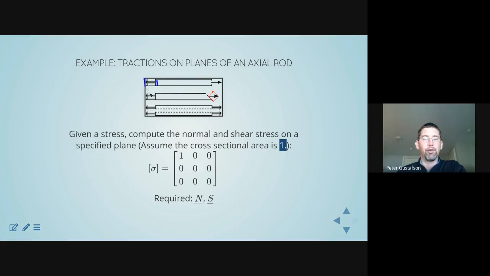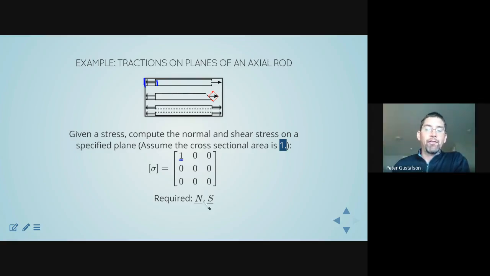This magnitude is 1. And so if you look at all of the forces that are present here, we can define the stress tensor, 9 components, as having magnitude 1 in the sigma xx location. The remaining stress components are all going to be 0 for this example.